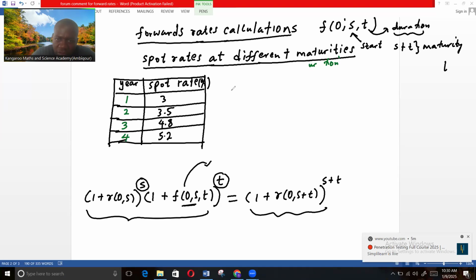So we're going to have 1 plus the forward rate of S of T to the power of T. Remember, we're dividing both by this.